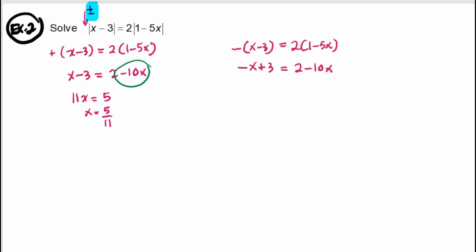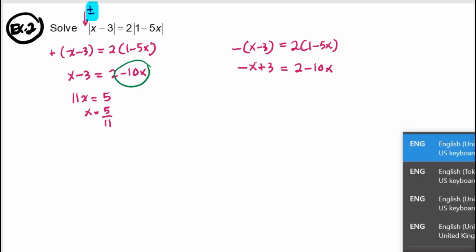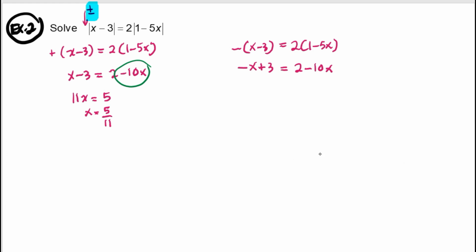Therefore 10x minus x is 9x, which is equal to 2 minus 3, which is negative 1, therefore x equals negative 1 over 9. So we have two answers here: either x equals 5 over 11 or x equals negative 1 over 9.